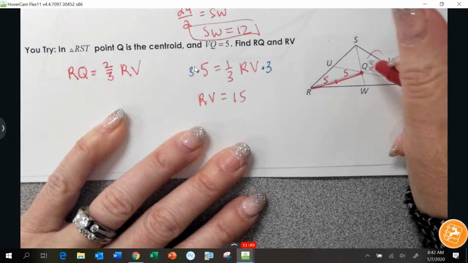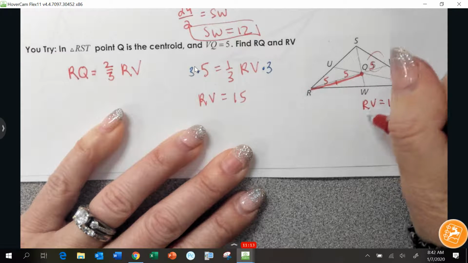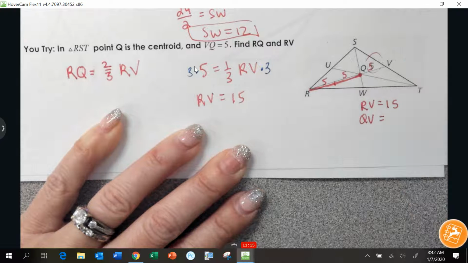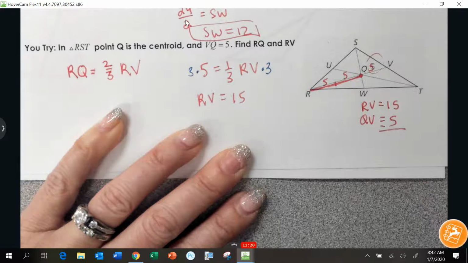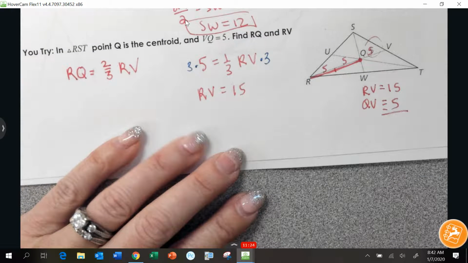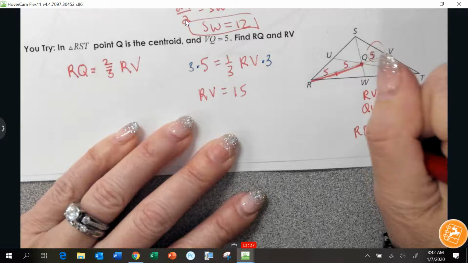And if RV is 15, and I know that QV is 5, and I subtract them, then my missing piece, RQ, is going to be 10.